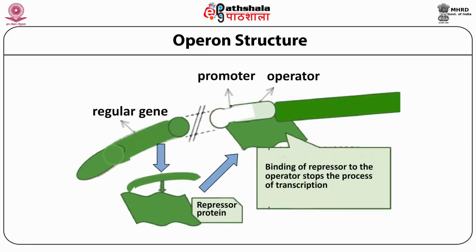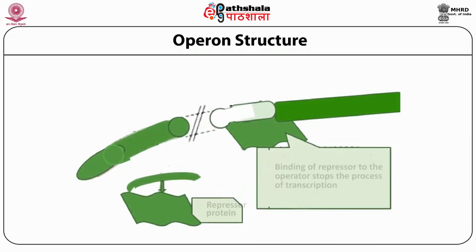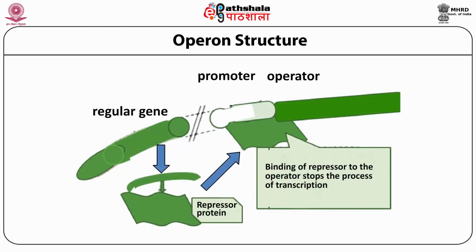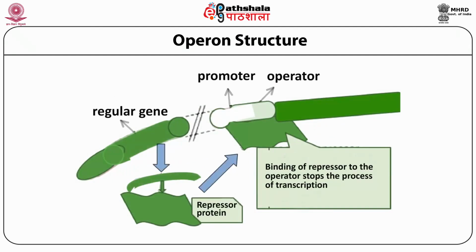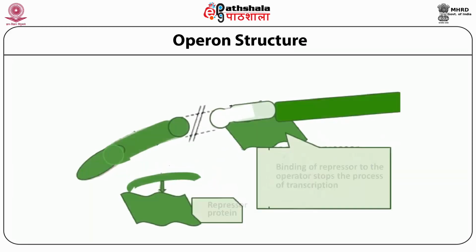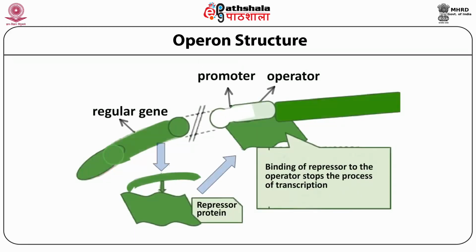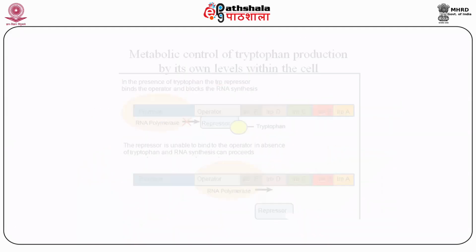The activated repressor molecule is capable of binding with the operator and stopping transcription of the structural genes. This is referred to as negative regulation, and the tryptophan molecule is known as a co-repressor.